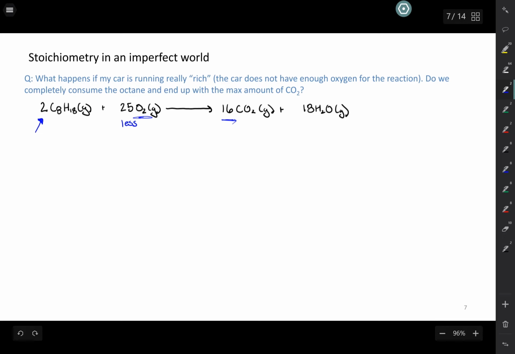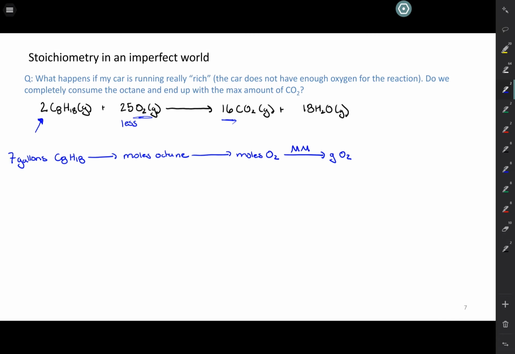So we do that by saying we'll start with 7 gallons of octane, and we can convert that to moles of octane, then use our 2 to 25 stoichiometric ratio to convert that to moles of O2 needed to complete that reaction, and then to convert it to grams of O2, we simply need our molar mass.